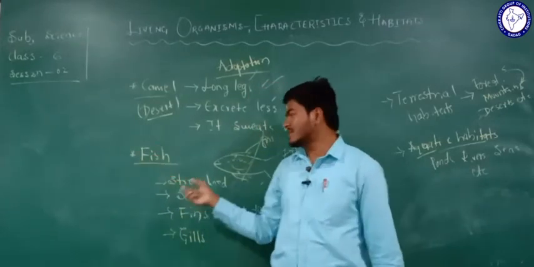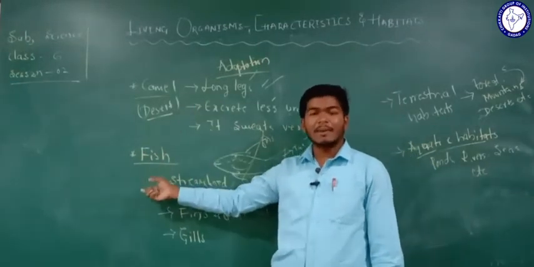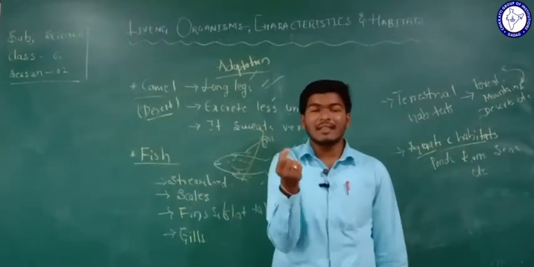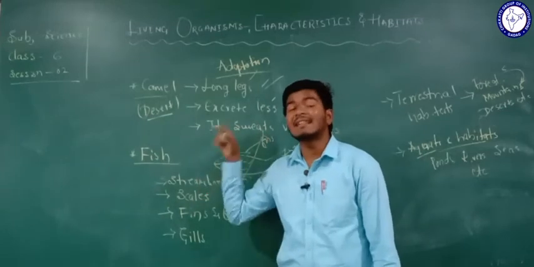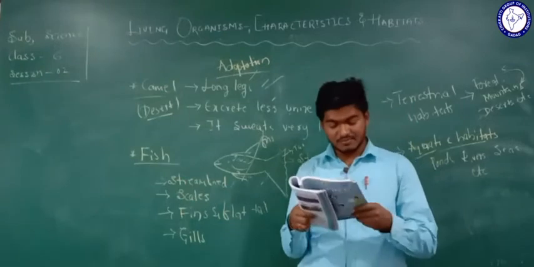The biotics means the living things, plants and animals present in a particular habitat, and the non-living things like stone, water, air present in that habitat are called abiotic components.